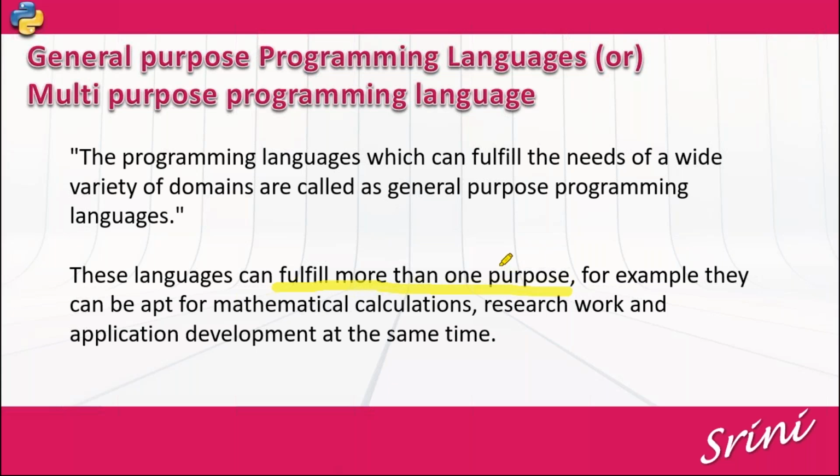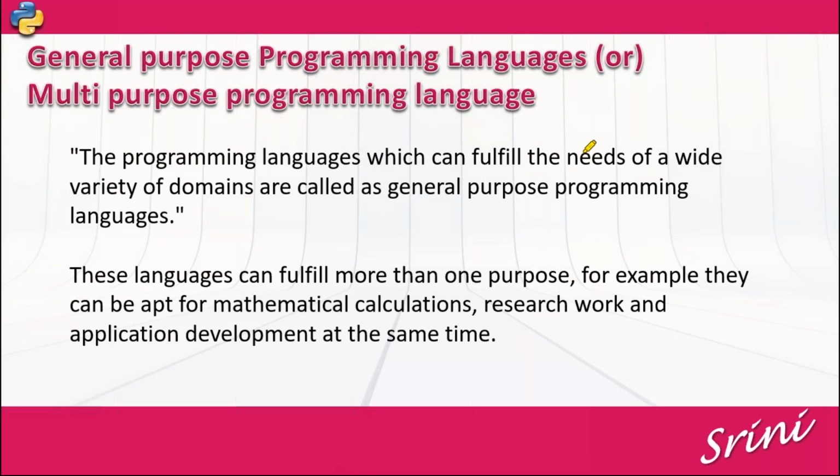But Python is multi-purpose. Using Python, we can develop software applications, and we can use it for mathematical calculations and research work for scientific applications. So the language which can fulfill more than one purpose is known as multi-purpose.